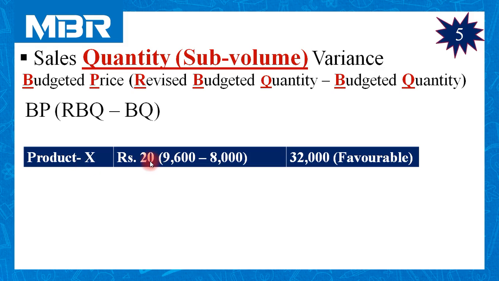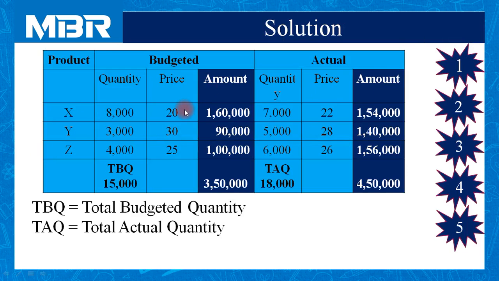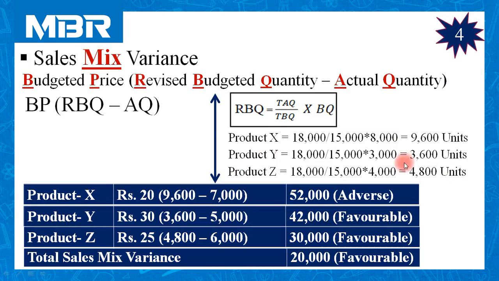Product X. Budgeted price, you can check, is given to us in the question: 20 for X, 30 for Y, 25 for Z. Budgeted quantity is also given for X, Y and Z, and at the time of calculation of mix variance, we completed the calculation of revised budgeted quantity.